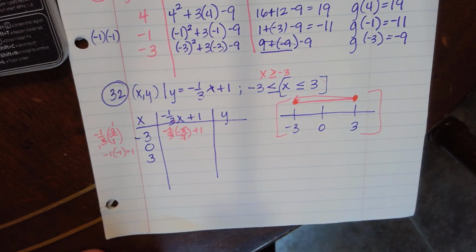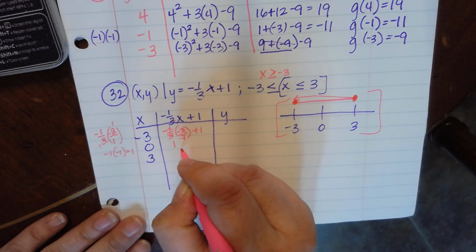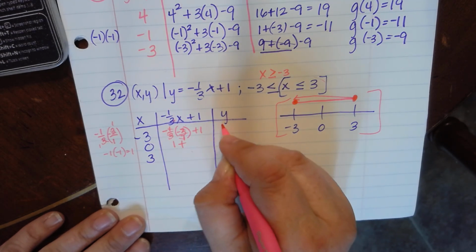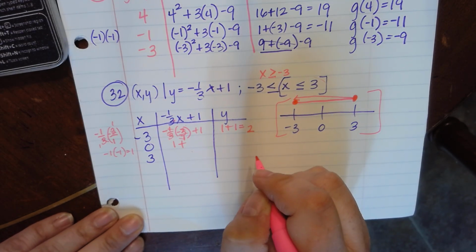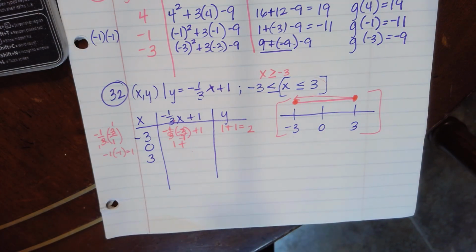So I end up with 1 plus 1 equals 2. And I'm just going to double check myself on this. 32, graph the function. Yes, positive 2.